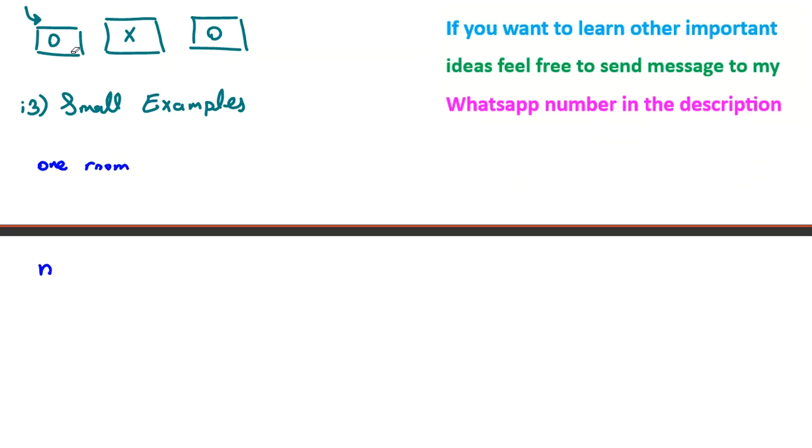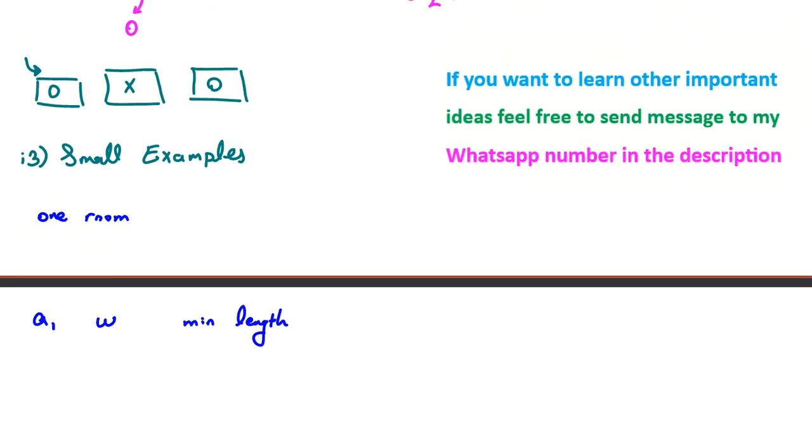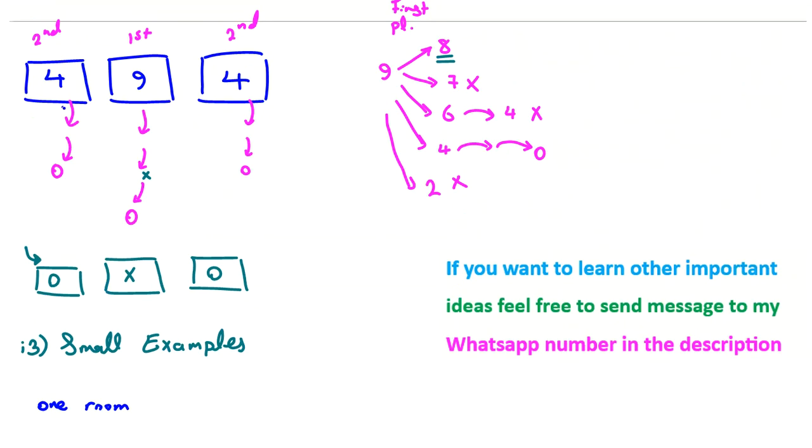So in that room, suppose we have A1 cows, and we want to see who is winner and the minimum length to reach 0, meaning minimum number of steps. Here, look, the length is 2 to reach 0, here 3, here 2.